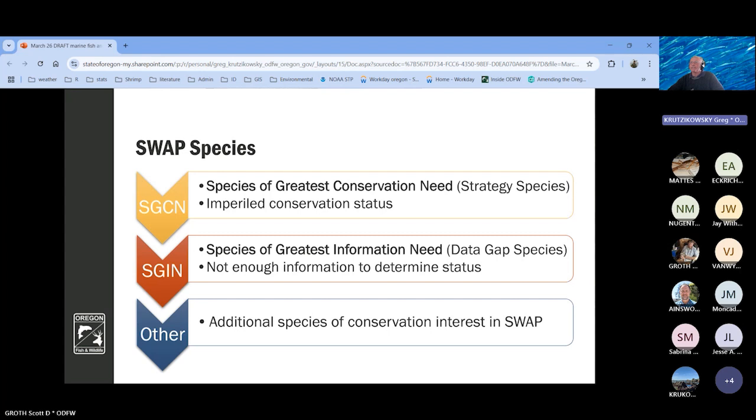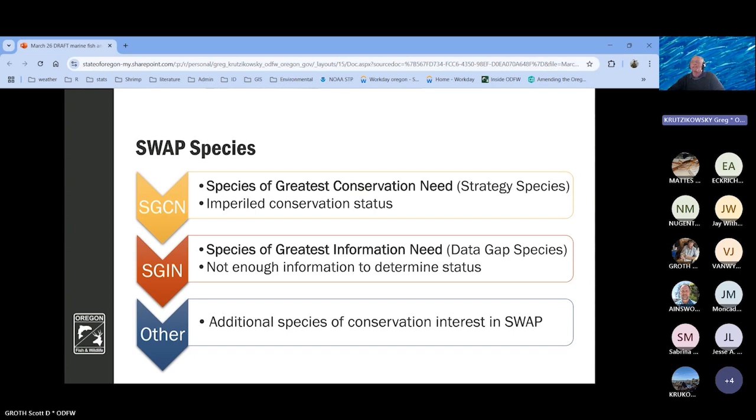The name change, similar to the name change of the plan, will help us be more in line with national terminology and facilitate the use of our plan by our partners that cross state boundaries. The next big group is our species of greatest information need, or SGIN. These are species for which we just don't know enough to determine their status.